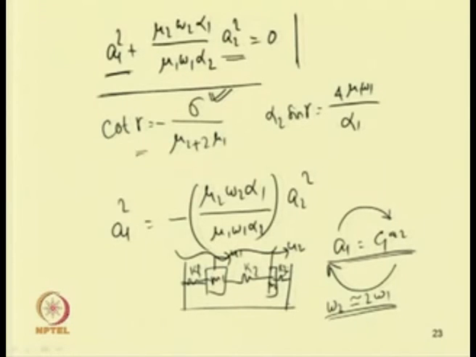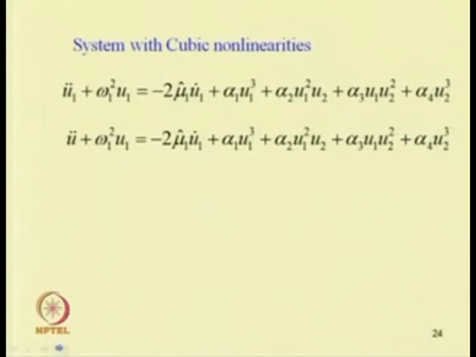This way one can study the system with quadratic nonlinearity in the presence of internal resonance. One can consider the secular and mixed secular terms, and one can obtain the response of the system. Similarly, one can study systems with cubic nonlinearity.